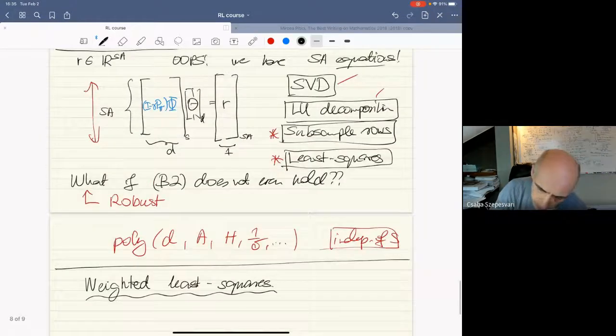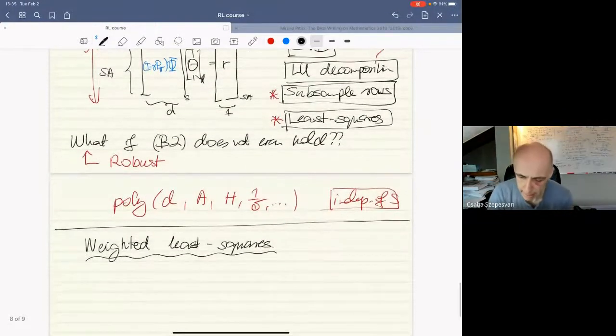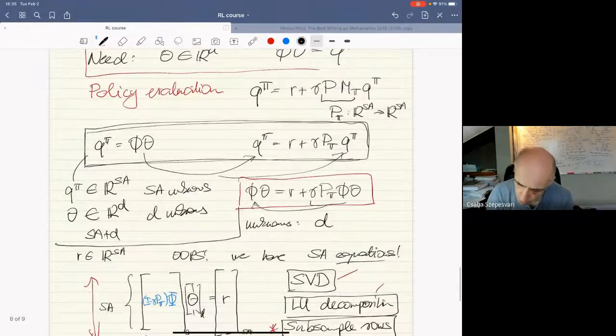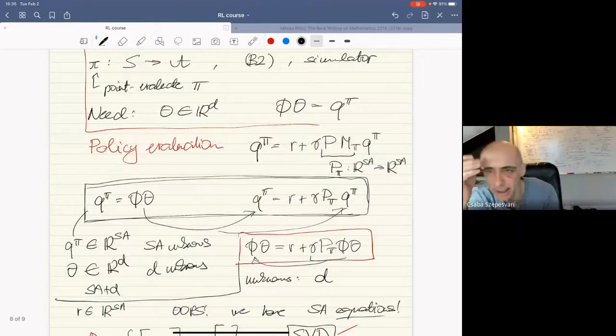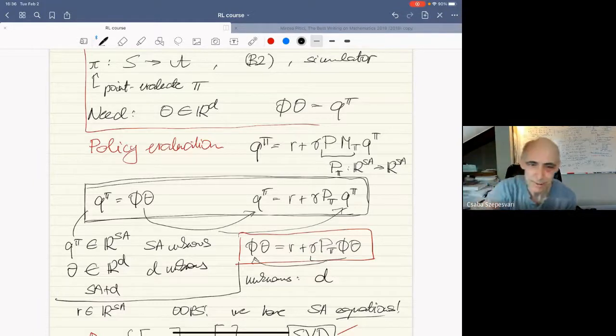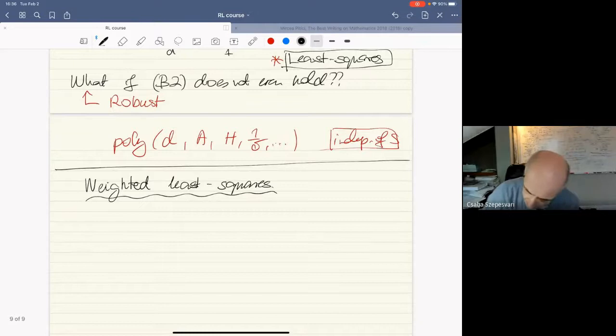Okay, so before I go there, let me just say one thing. This idea of solving the linear system and plugging in is very intriguing, but I will go in a completely different way. I will just use truncation, before we talk about weighted least squares.